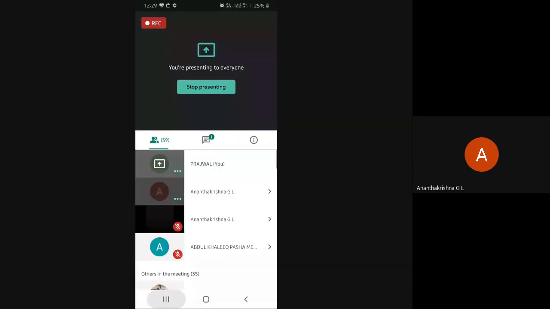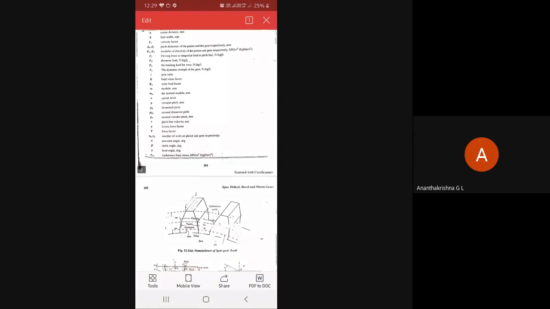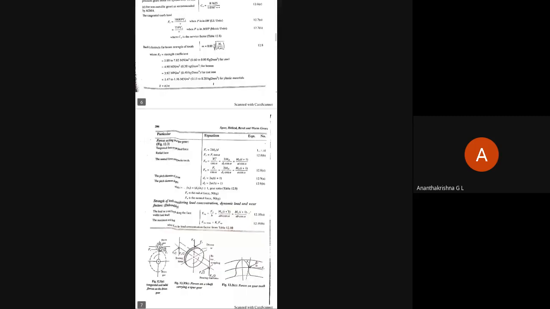Please open your data handbook. Table 12.4b, on page number 230.